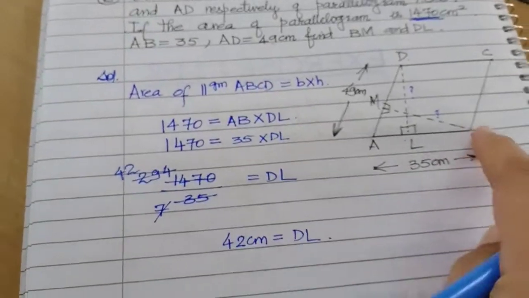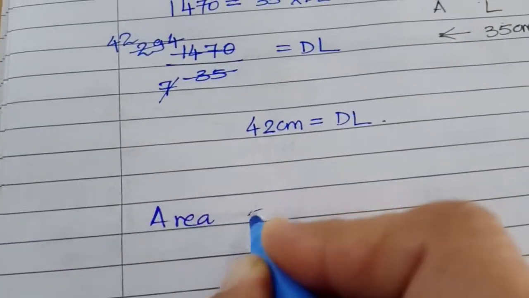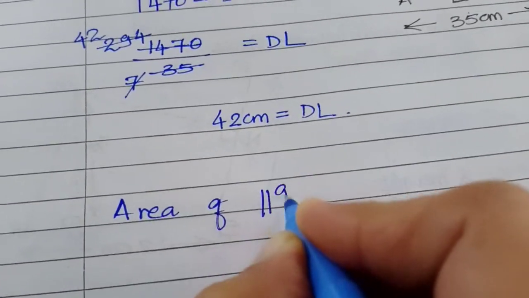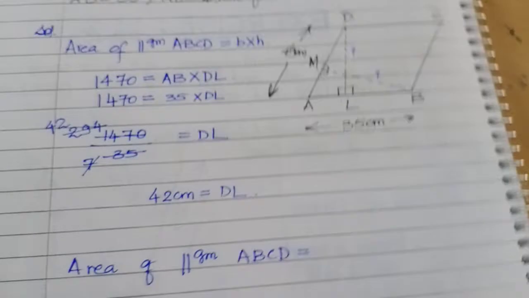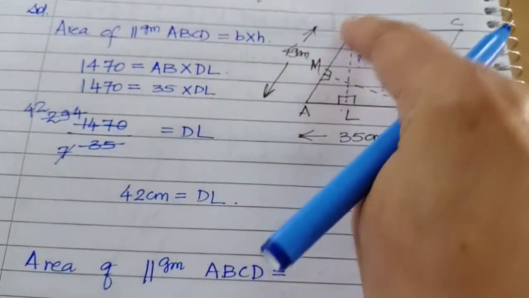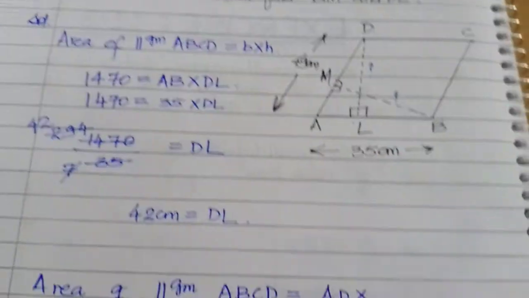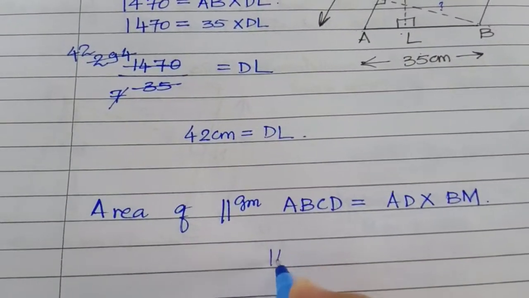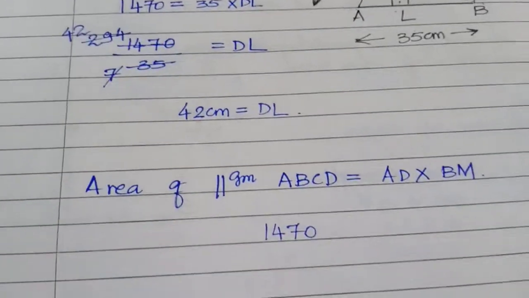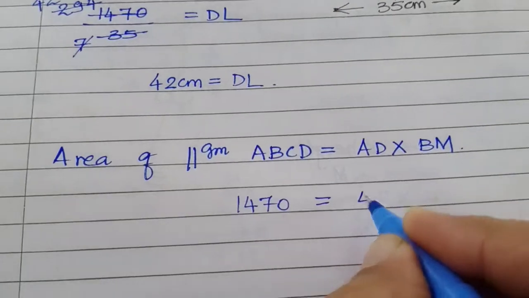Same way, now we have to find out BM. Same technique. Area of parallelogram ABCD is equal to... Now I am taking the base as AD. If I take the base as AD, the height will be BM over here. And area of parallelogram was given as 1470 in the question. AD over here is given as 49.